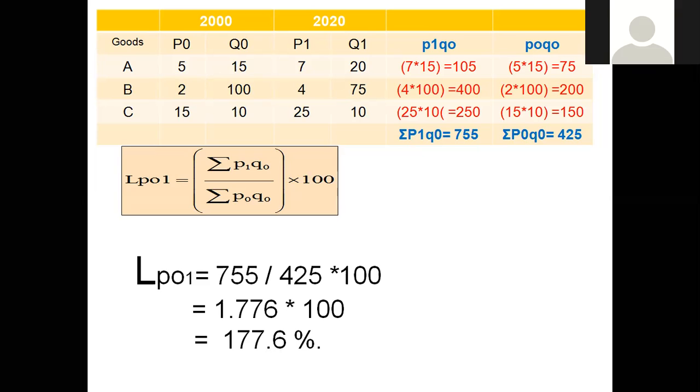Have you understood that? Simply, there is a 77.6% price increase from 2000 to 2020 of ABCD goods or commodities. So is it clear now?